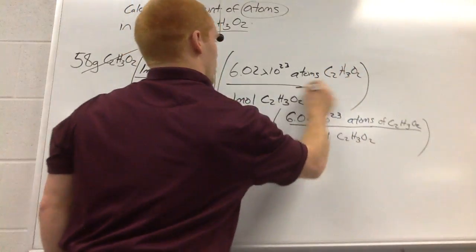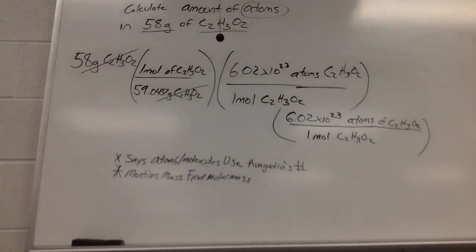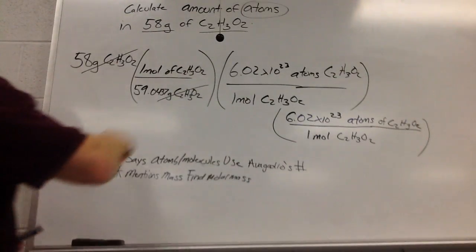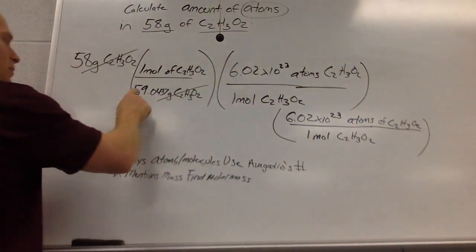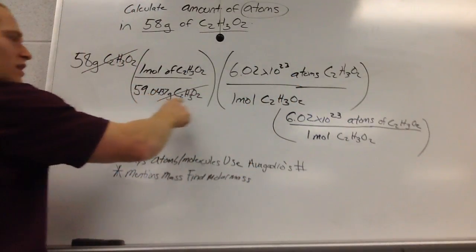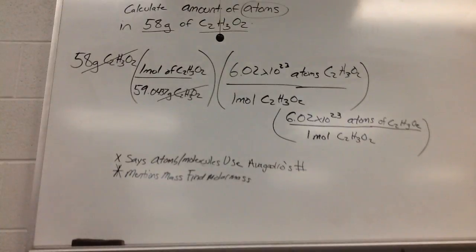Now you are going to multiply across. You're going to take 58 times 1 times 6.02 times 10 to the 23rd, and then divide by 59.0437 and then divide by 1, and that will get you your answer.